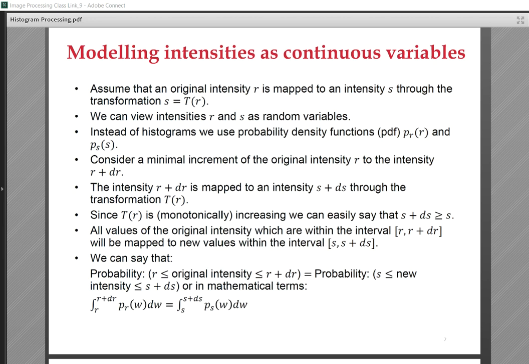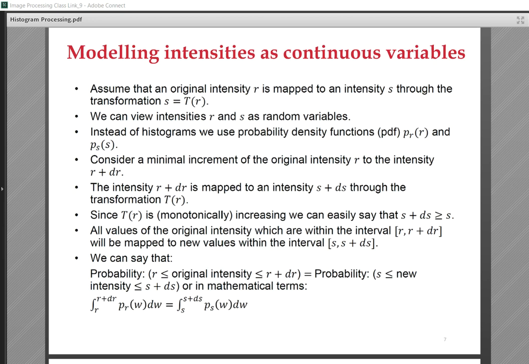Instead of histograms, we use probability density functions, or PDFs. PDFs P_R(R) for the original image and P_S(S) for the resultant image, and we see some properties of these PDFs.